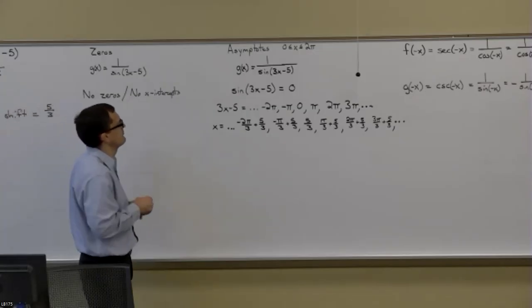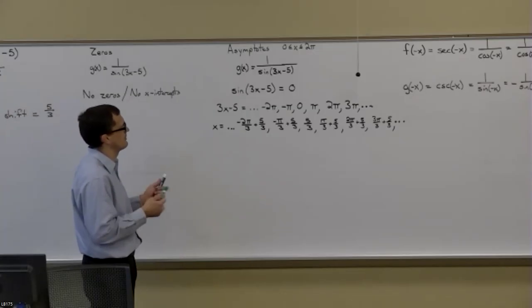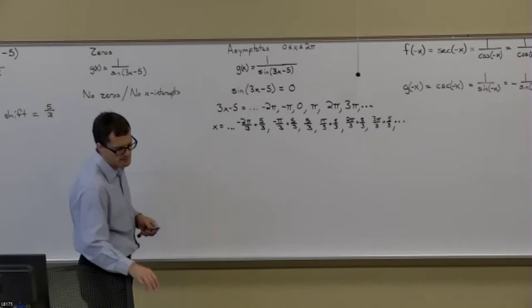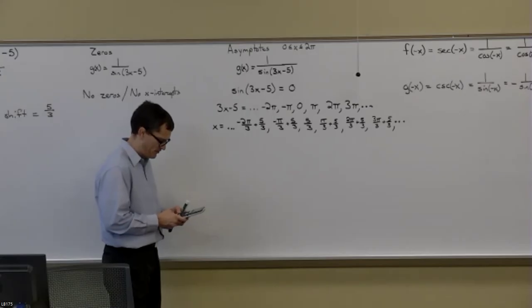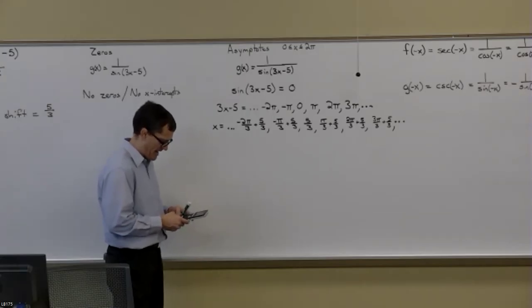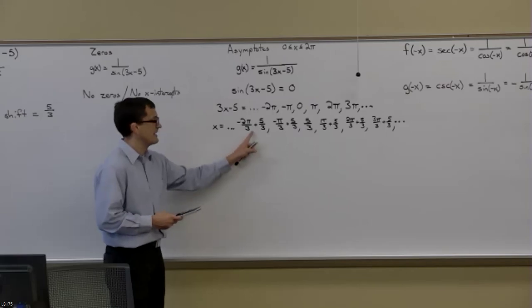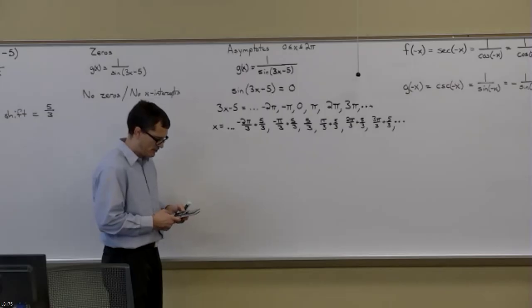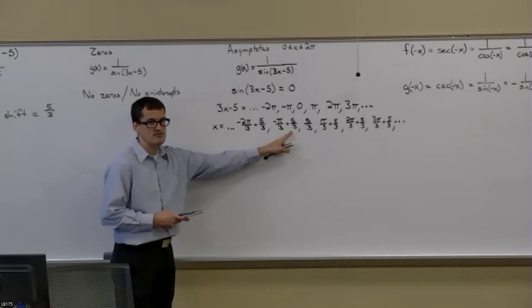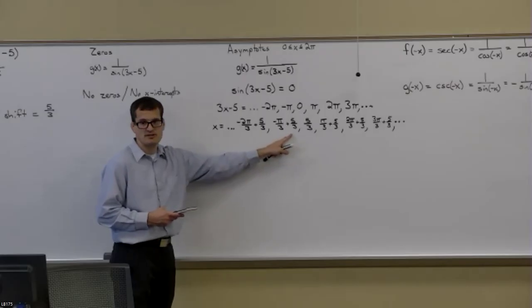I want just the x values between 0 and 2 pi. So I'd probably just type things in. If you type in -2 pi over 3 and add 5/3, this is a negative number. If you type in -1 pi over 3 and add 5/3, that's positive.